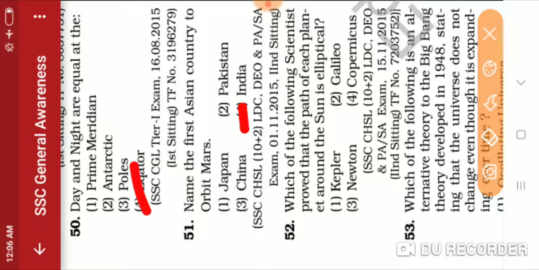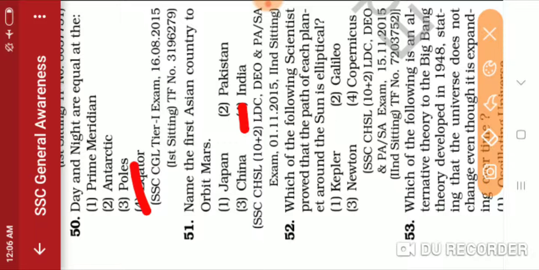Which of the following scientists proved that the path of each planet around the sun is elliptical? So who told that the path is elliptical around the sun?